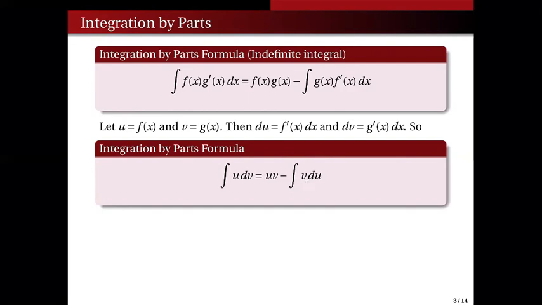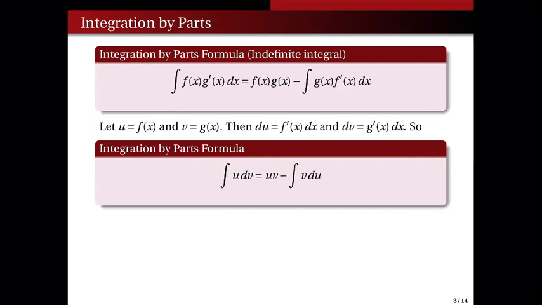Okay? So why did I introduce this? This is actually the one we are going to write all the time when we do integration by parts. Of course, originally you don't see this g prime or f prime. You'll just see a product of functions, possibly. So given the product of functions, you have to identify which will be the u and which will be the dv.